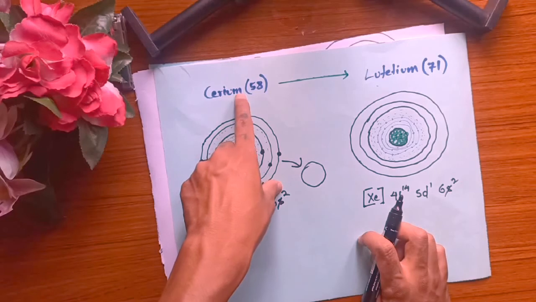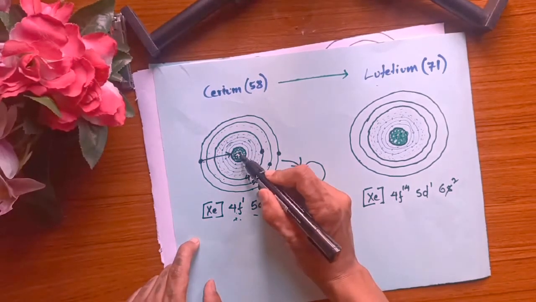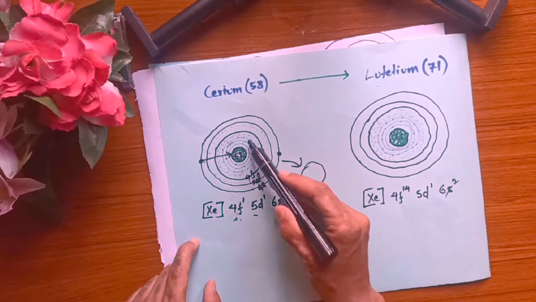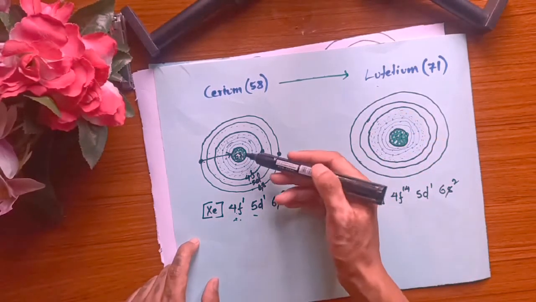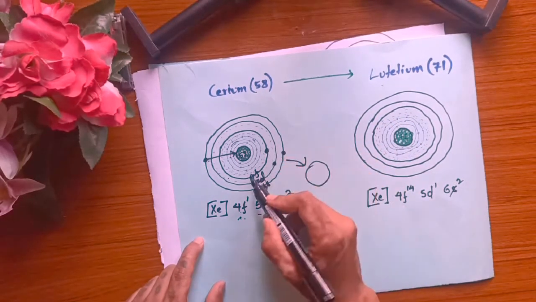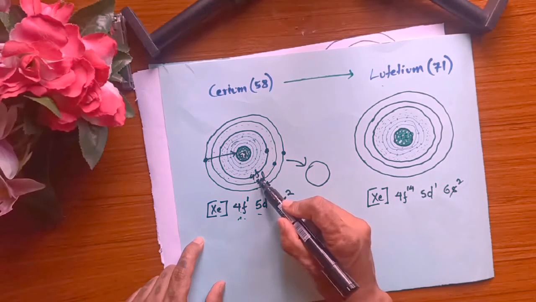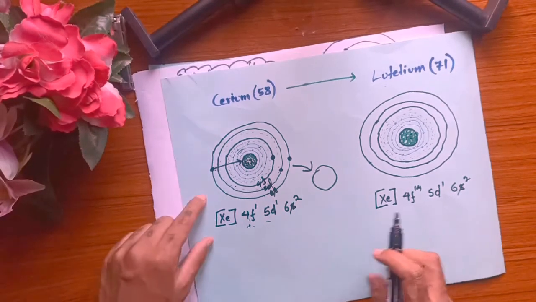And so if you have a cerium here, atomic number 58, you have 58 protons here, and you can see these are your innermost shell where your 1s, 2p, 3p, and so on, the electrons reside. And let's say this one is your 4f orbital, the 5d orbital resides here, and the 6s orbital resides here.